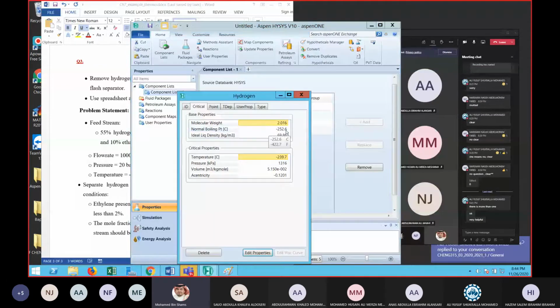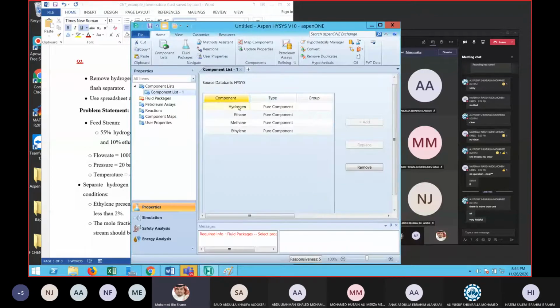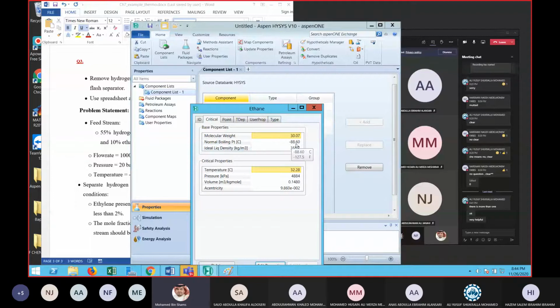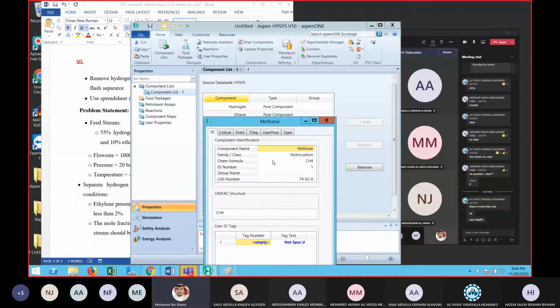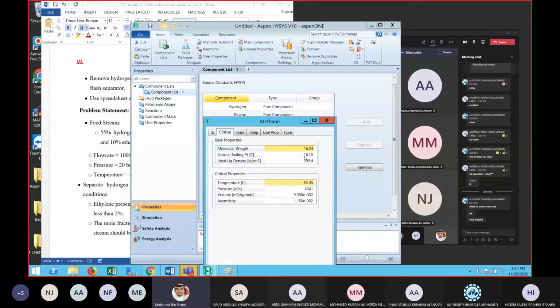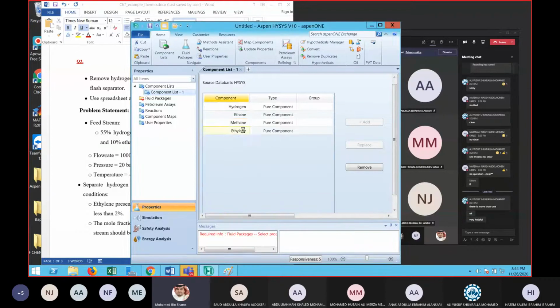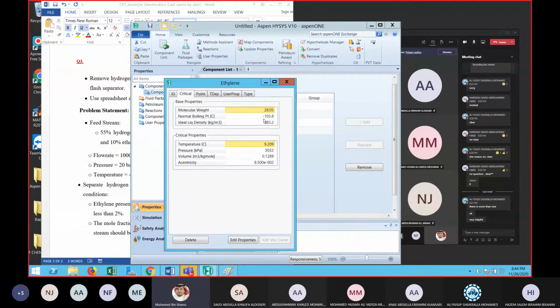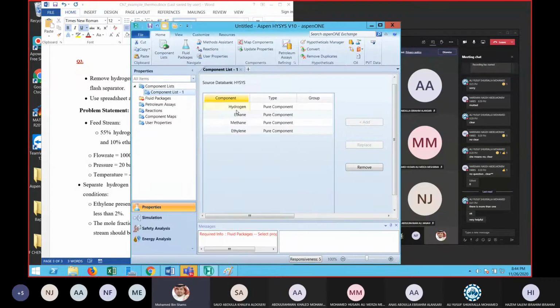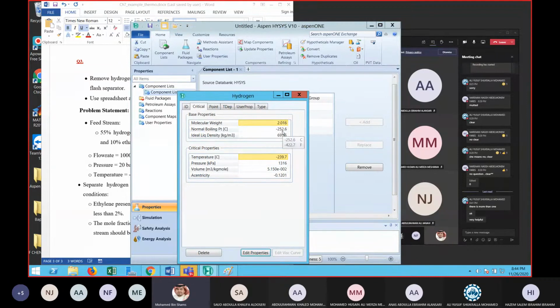Okay. فتلاحظ إن normal boiling point هذه أقل واحد minus 252.6 normal boiling point. The hydrogen. الإيثين minus 88.6. الميثين كم؟ minus 161 والإيثيلين is minus 103. فلاحظ شباب الهيدروجين أصغر رقم فيهم minus 252.